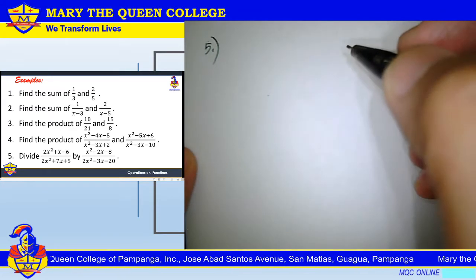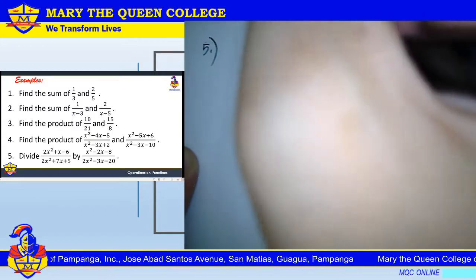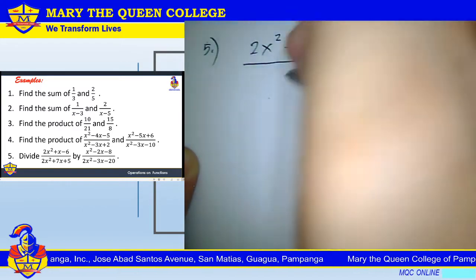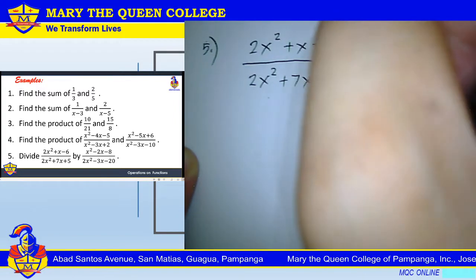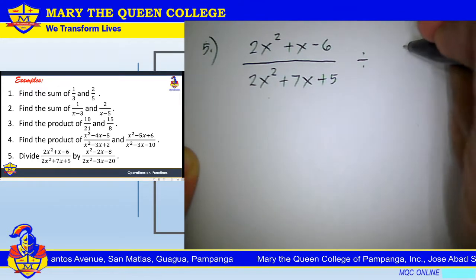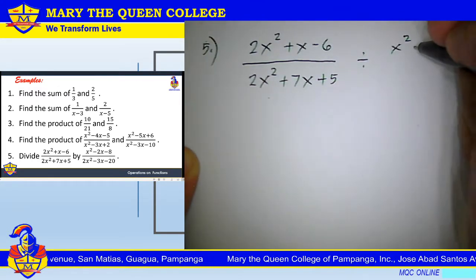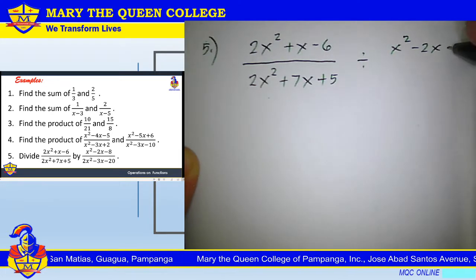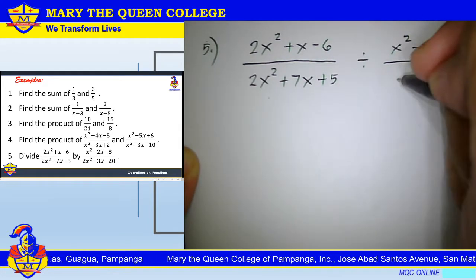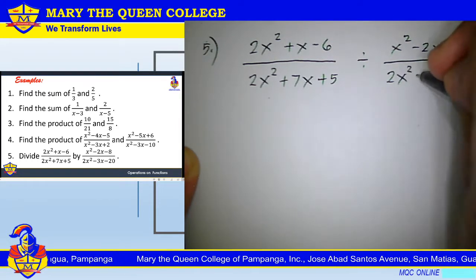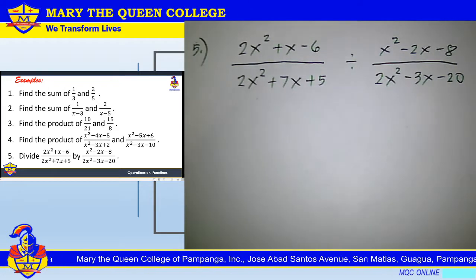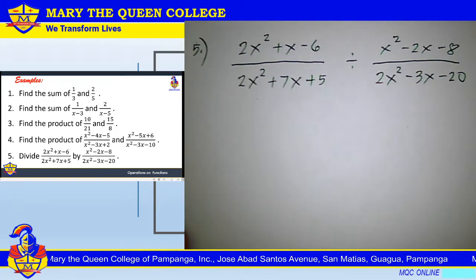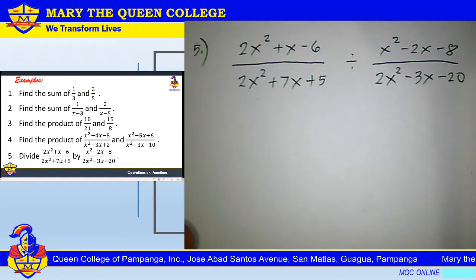Okay, so for number 5, it says divide 2x squared plus x minus 6 all over 2x squared plus 7x plus 5 divided by x squared minus 2x minus 8 all over 2x squared minus 3x minus 20. Okay? So, same thing na ginawa natin sa number 4. Simplify muna natin or mag-factoring tayo.